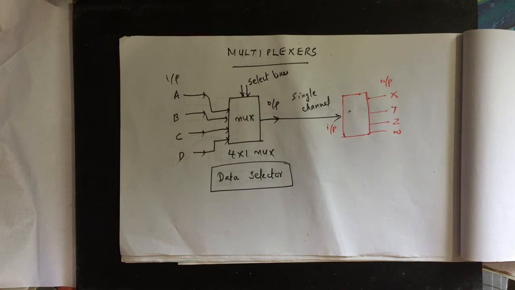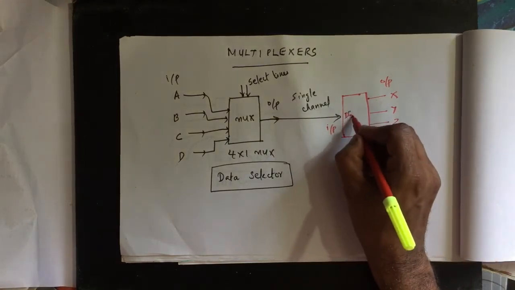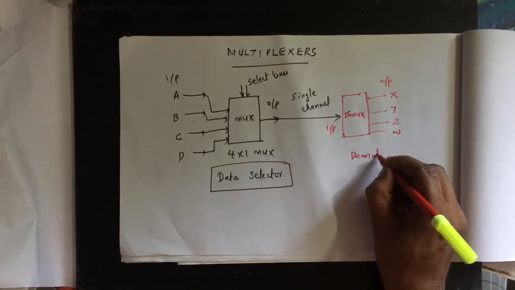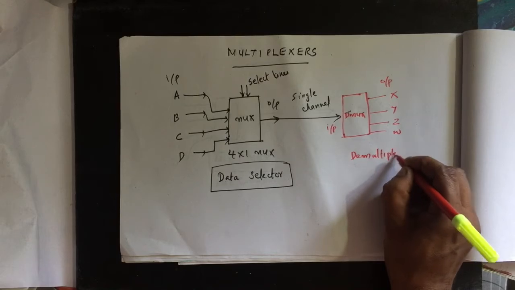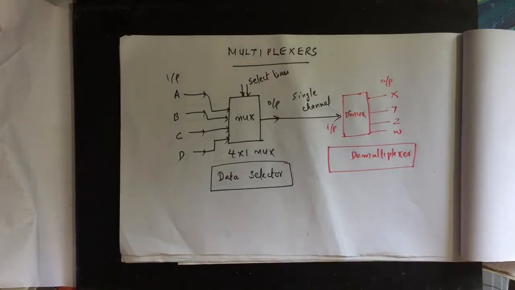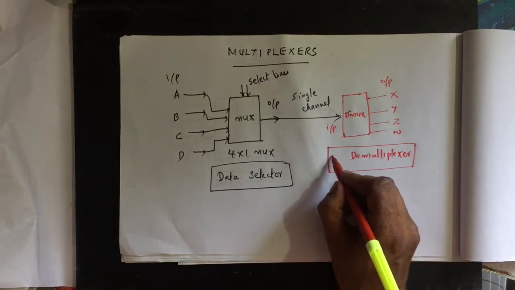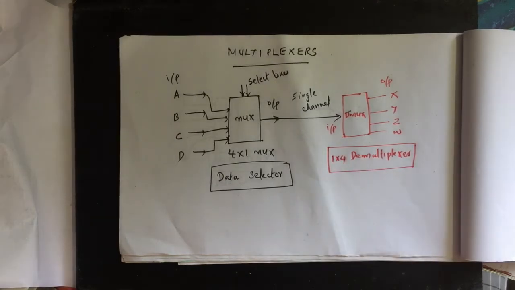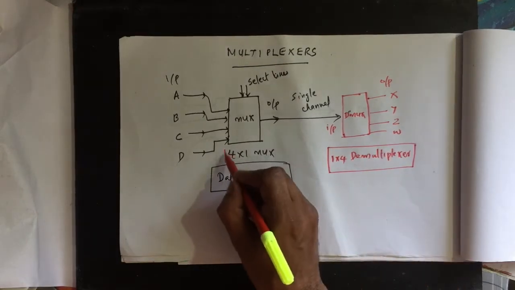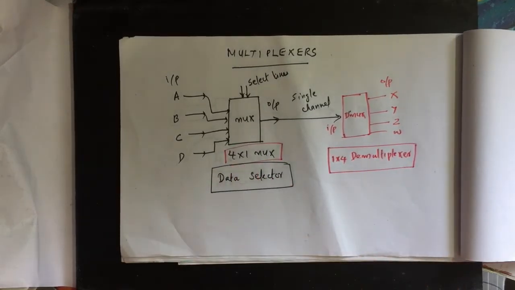That is, a single input is distributed to many outputs, and this is known as a demultiplexer. Remember, this is a 1x4 demultiplexer because it is 1 input, 4 outputs. This is a 4x1 MUX, 4 inputs, 1 output.